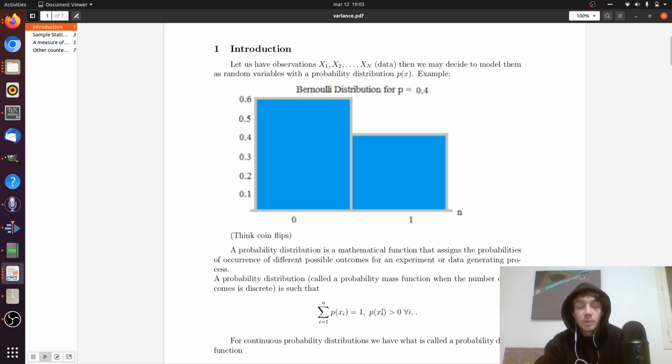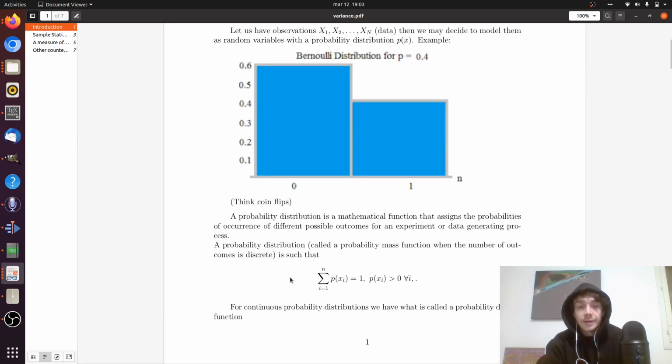Then we want probabilities to be positive. We don't really understand what negative probabilities mean. It's not intuitive to us. So these are the axioms we impose on our probability distributions. In the case here, we have a discrete number of possible outcomes, so we call these probability mass functions.